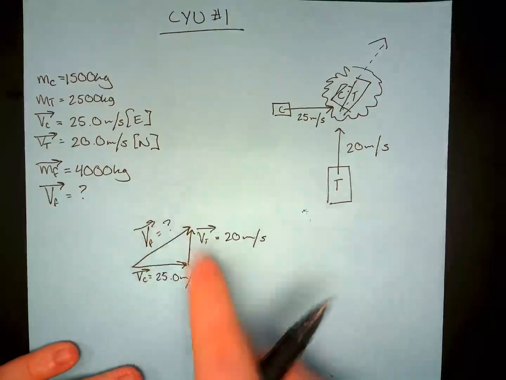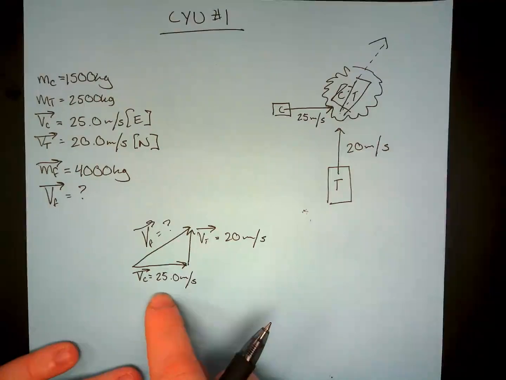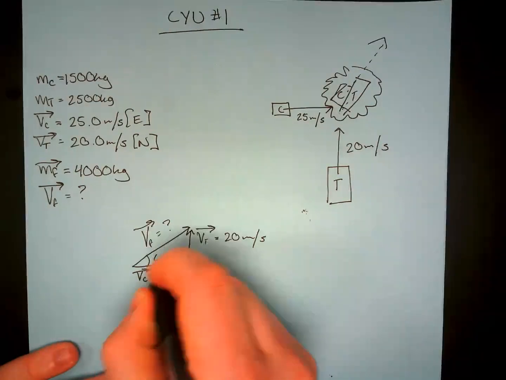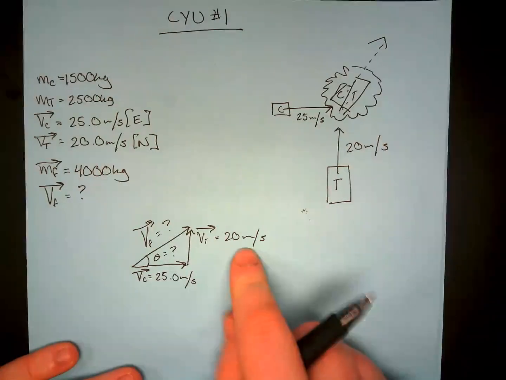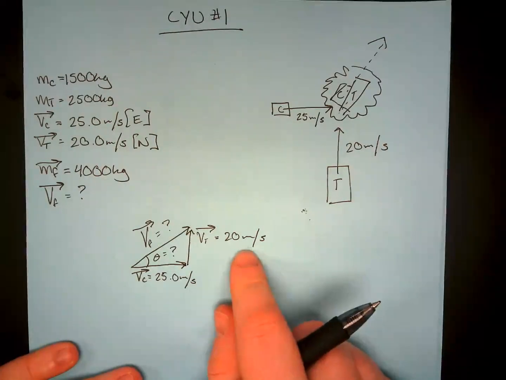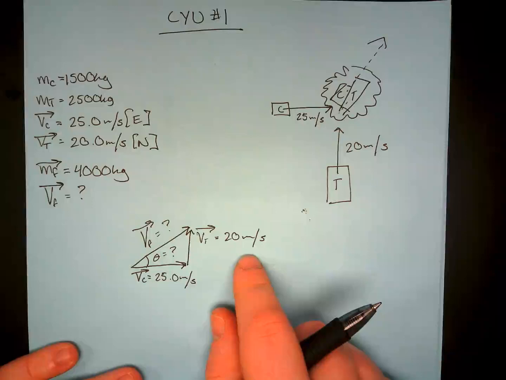Now, we can't use Pythagorean's theorem to find our final velocity just using the velocity of the car and the velocity of the truck. We were able to do that in 2-dimensional motion because we were working with a single object changing direction. It's a bit different with momentum.